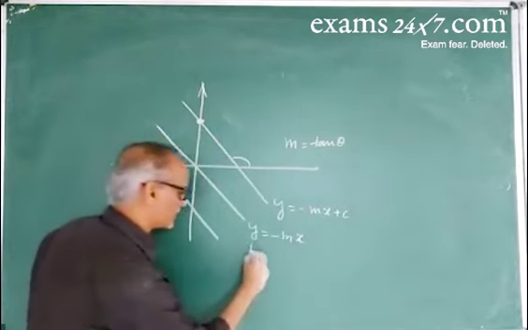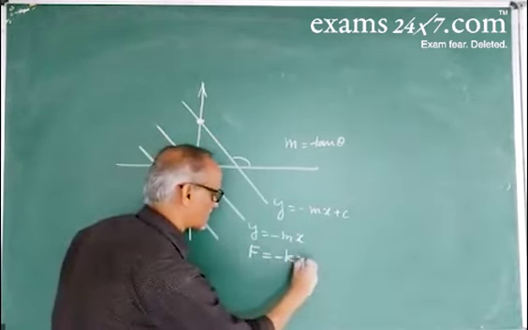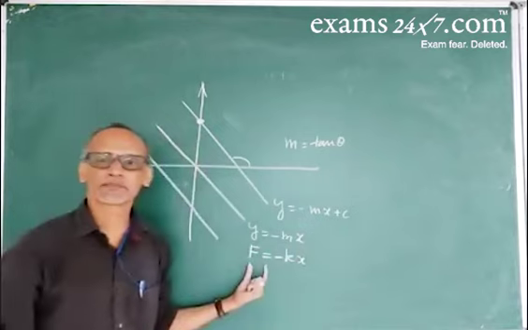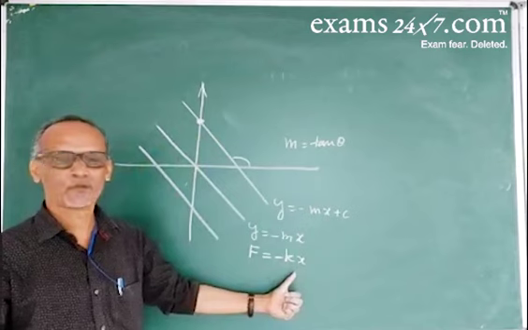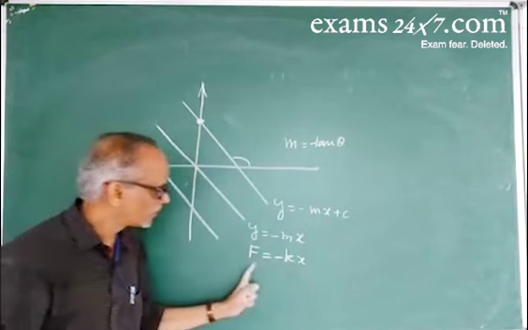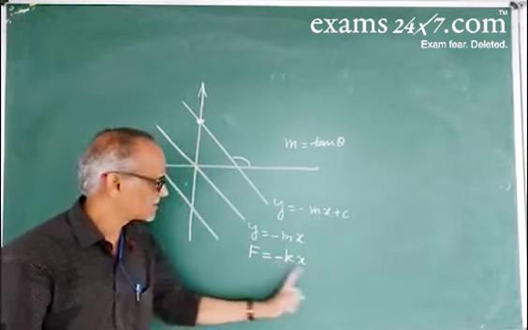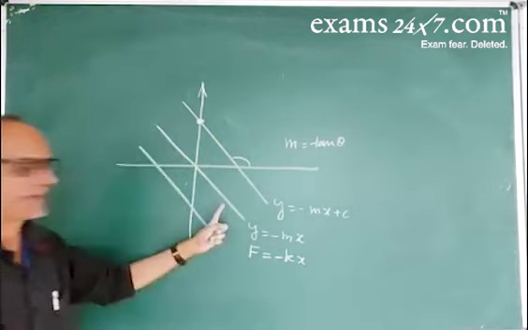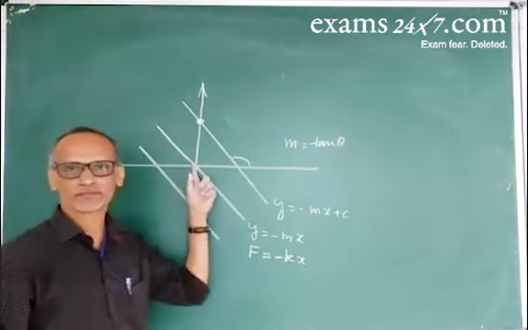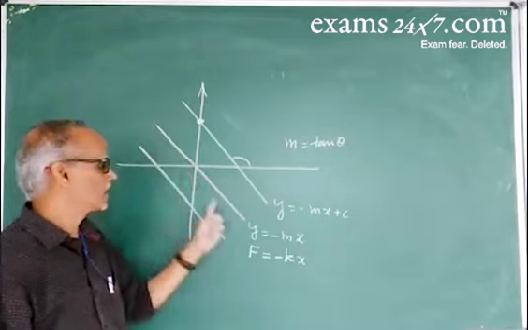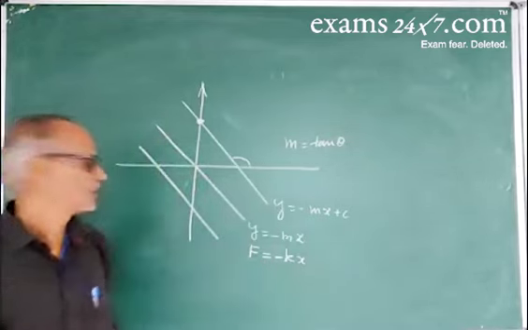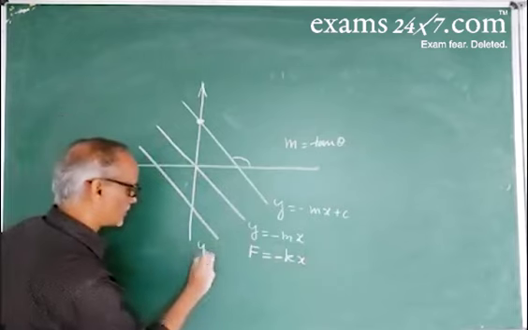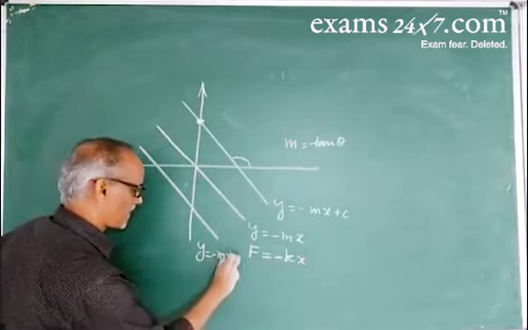There's an equation in physics, F is equal to minus kx. The restoring force or spring force is equal to minus kx, where k is a spring constant or force constant. So the graph of F versus x is a straight line passing through the origin, and it's in the second and the fourth quadrant. So this is the graph for F is equal to minus kx. And the last, y is equal to minus mx minus c.